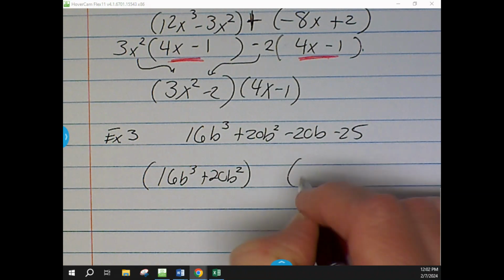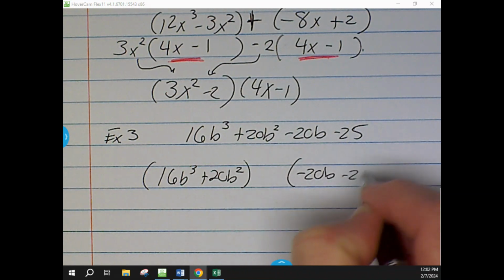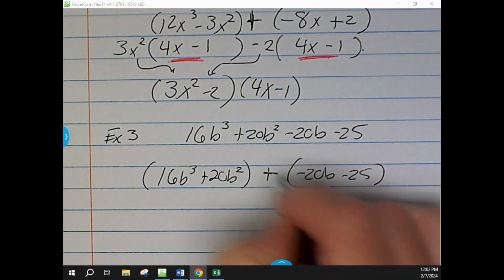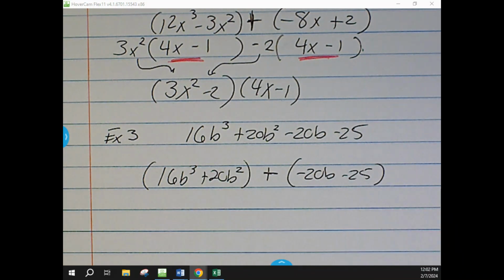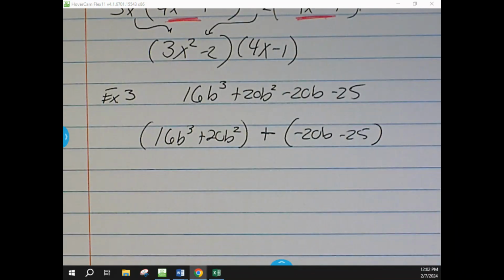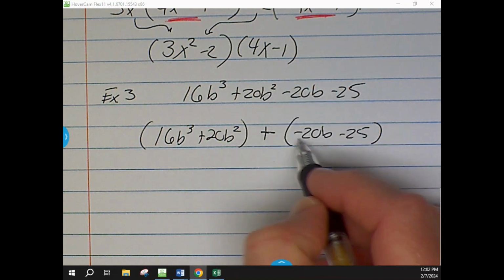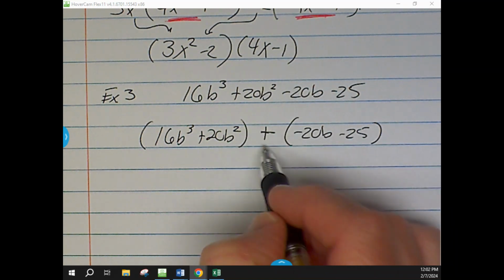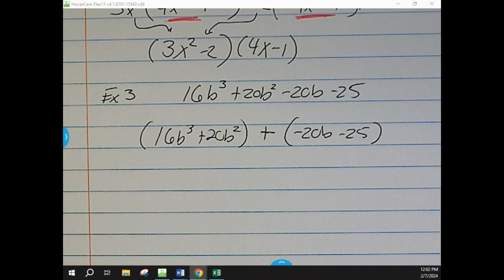Put the last two numbers in parentheses together. And then always go back, and even if that's got a plus sign there, you still always go back and put a plus in the middle. So plus or minus doesn't matter. You take that sign with it, put it in the parentheses, and you always put a plus sign in between those two to separate it out.